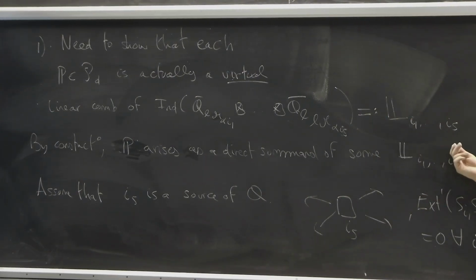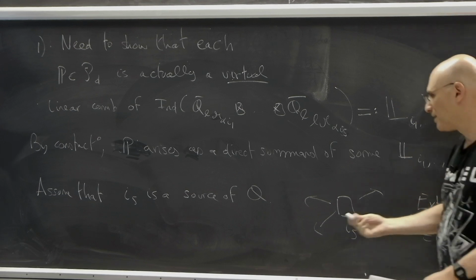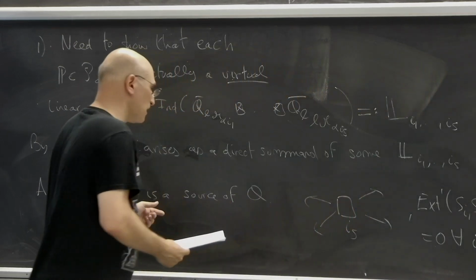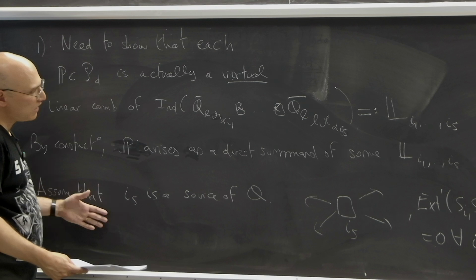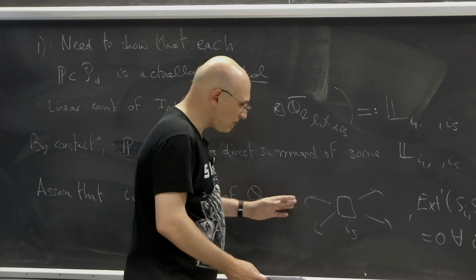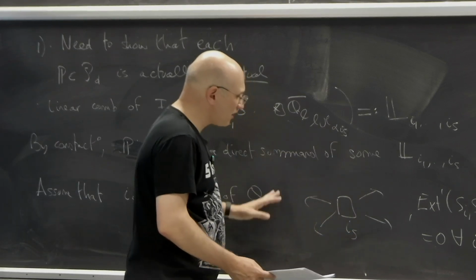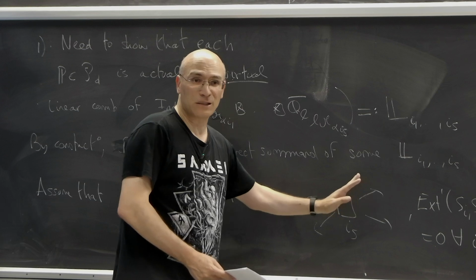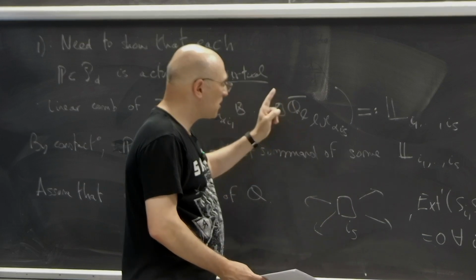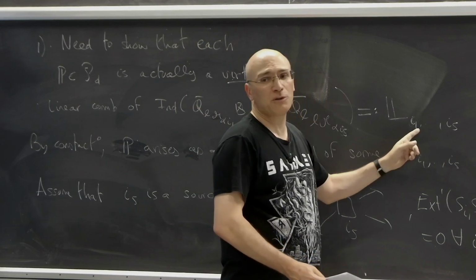This product, by definition, counts the number of filtrations of an object such that the successive factors are of dimension alpha I1 up to alpha IS.